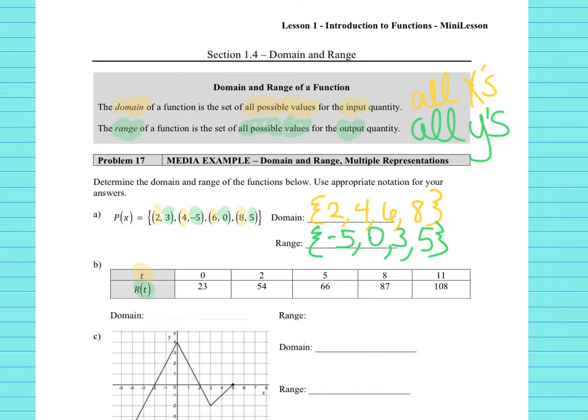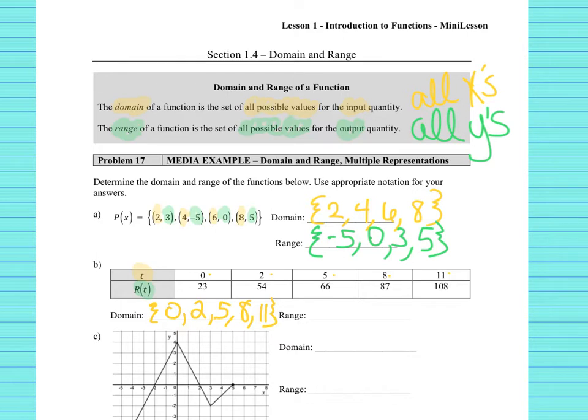So when I look at my numbers that are there, 0, 2, 5, 8, 11, they're already in order. So I'm just going to put my little bracket, 0, 2, 5, 8, 11. Close it up.